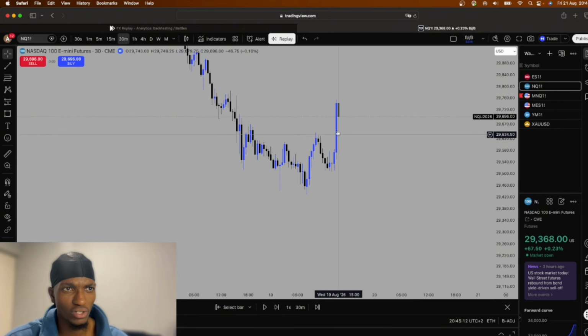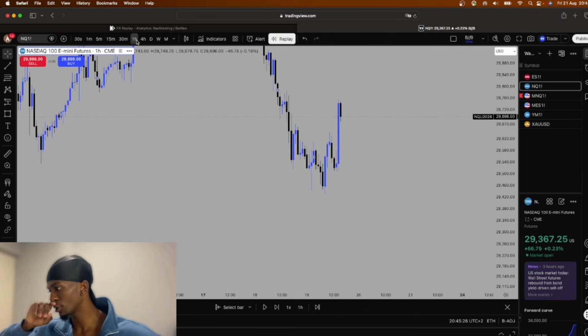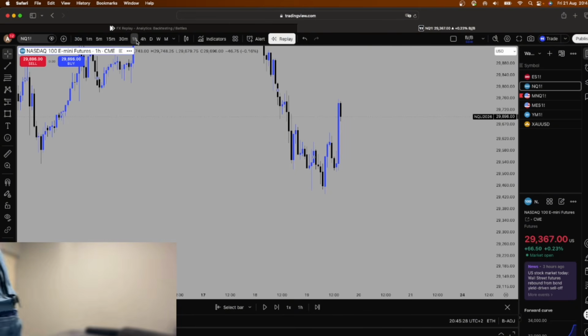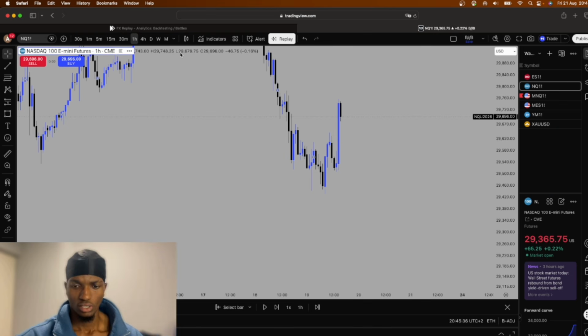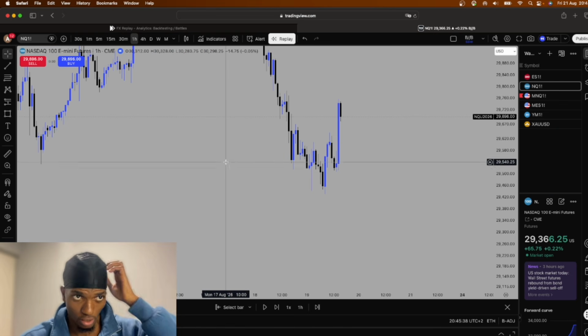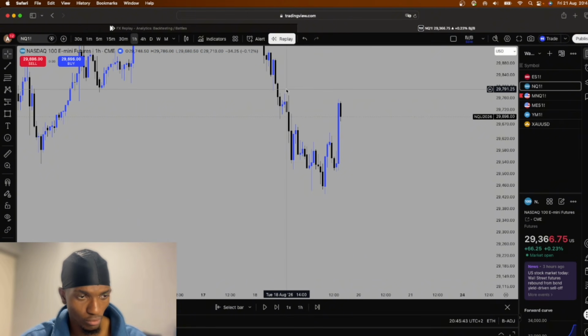So we actually have this 1 hour displacement, 30-minute displacement to the upside here, but we're gonna go to the 1 hour time frame. One moment, let me close this. Okay, so again, 1 hour time frame, we have this high, boom.